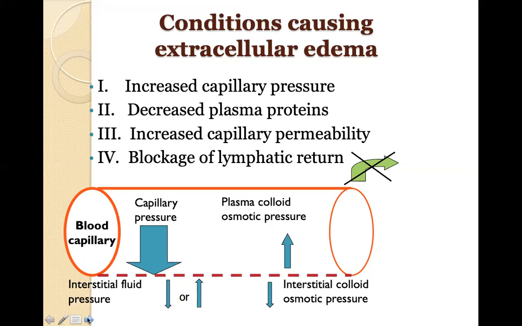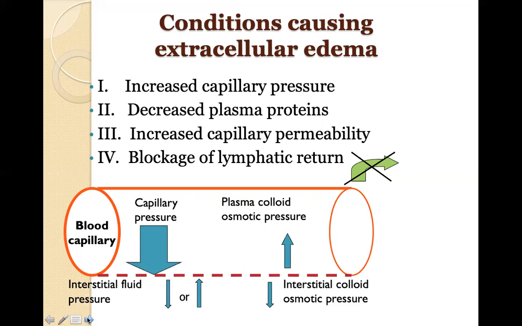All right, imagine then if you have decreased plasma proteins, and we will give clinical examples to all of these shortly so that you can have a better understanding of what these disease processes look like.